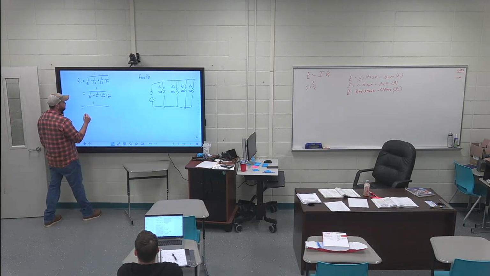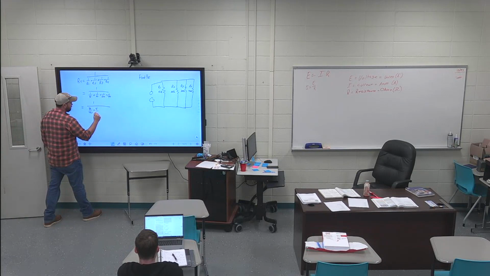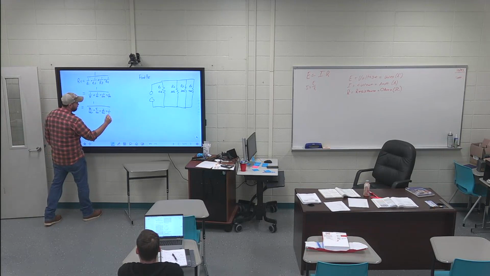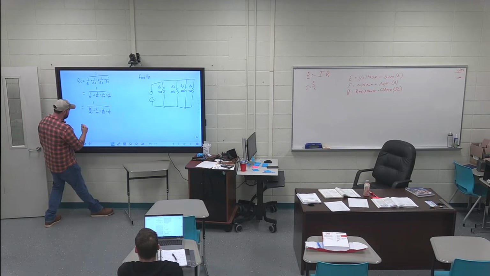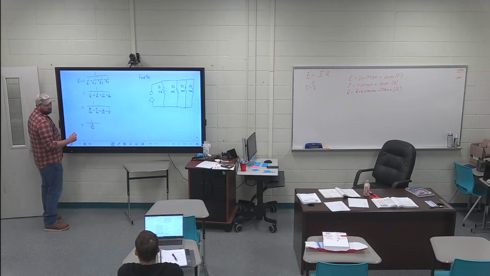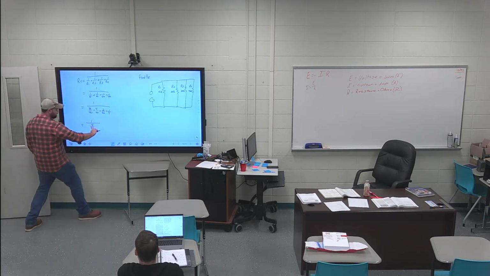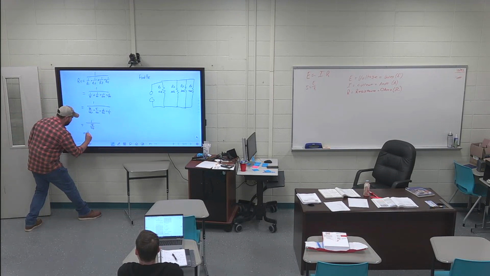So 5 goes into 40 how many times? 8. 8 over 40. 10 goes into 40 how many times? 4. 4 40ths. 20 goes in 2 40ths plus 1 40th. 8 plus 4 plus 2 plus 1 is 15 40ths. The reciprocal law allows you to flip this over. So that gives you 40 over 15.